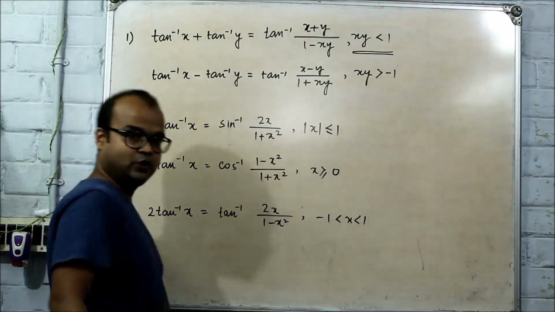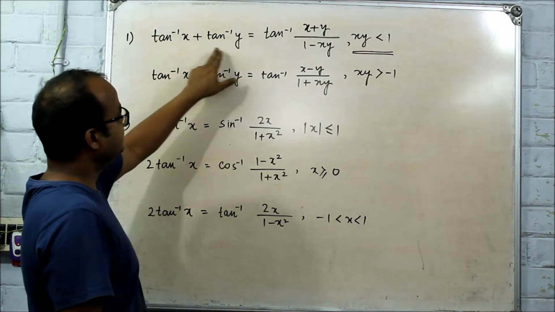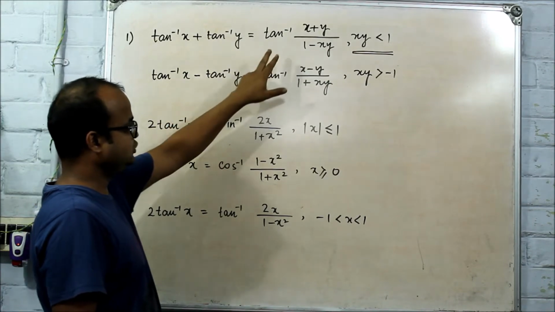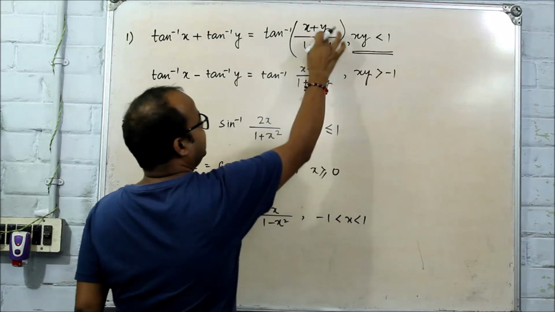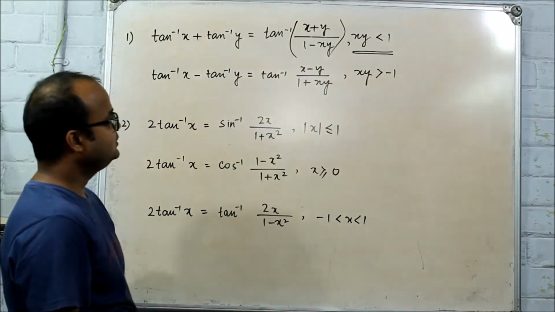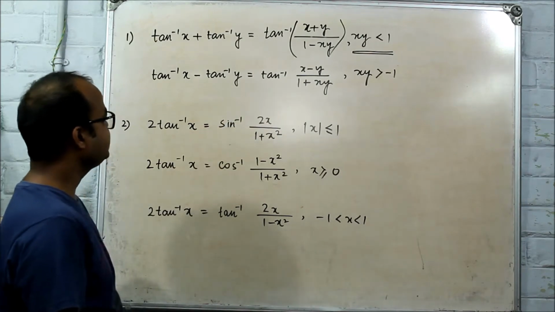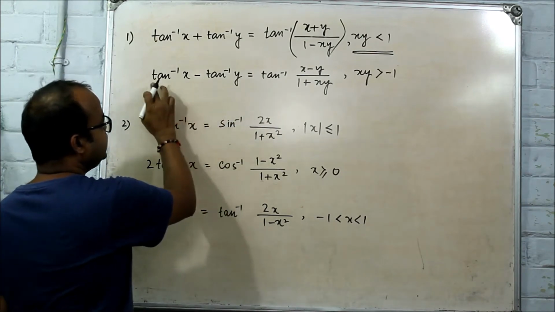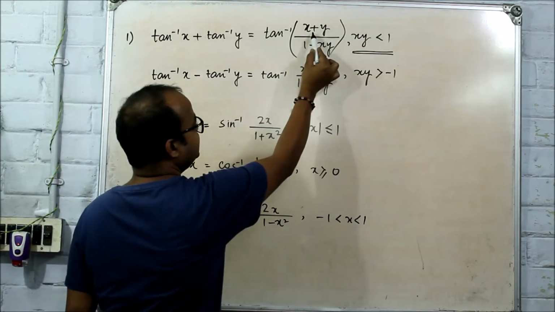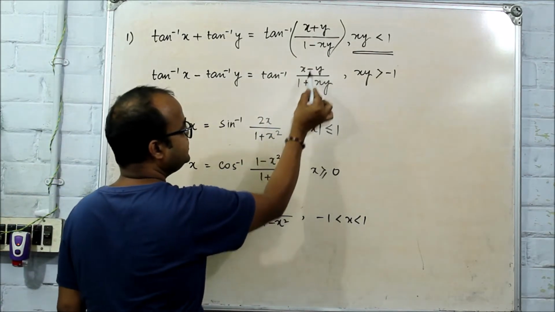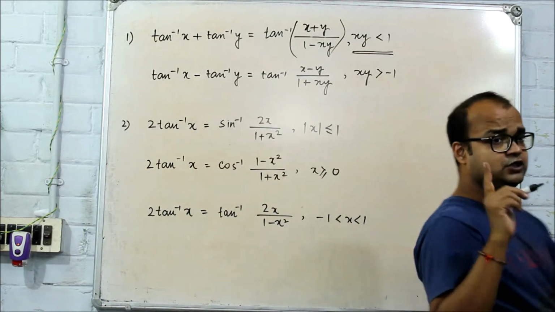Moving on to the next formulas, tan inverse x plus tan inverse y is equal to tan inverse of x plus y by 1 minus xy, where xy is less than 1, and in the case of tan inverse x minus tan inverse y, see, the numerator sign is negative and the denominator sign is positive. Now, this is not a new formula.